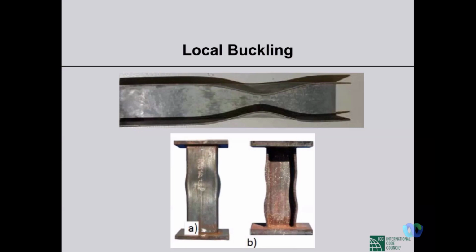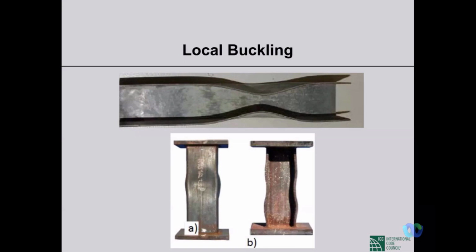For example, the column itself may be very short so that it doesn't buckle, but due to bending, or even shear, or even torsion, or a point load on the structure, an element of the member, like a flange or the web, may buckle.